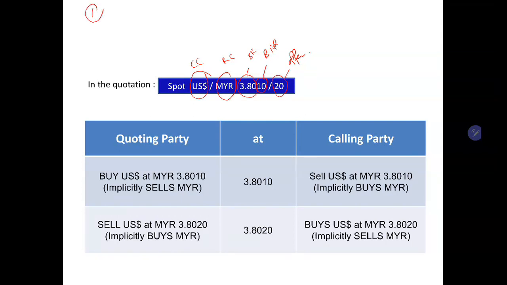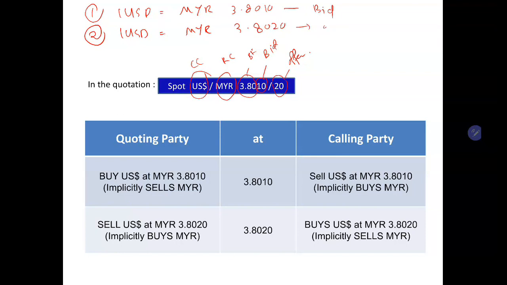First, 1 USD is equivalent to MYR 3.8010. This is the bid price. While the second quotation is 1 USD equivalent to MYR 3.8020. This is the offer price. You see, the offer price is always higher than the bid price.